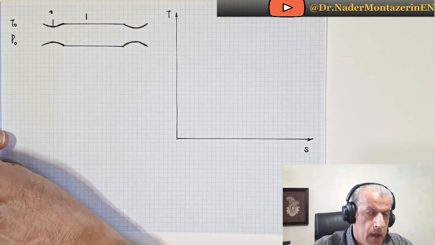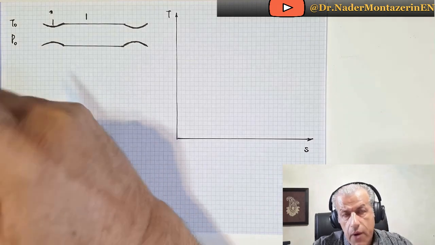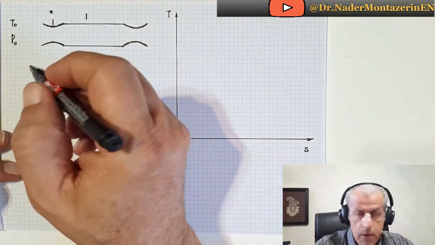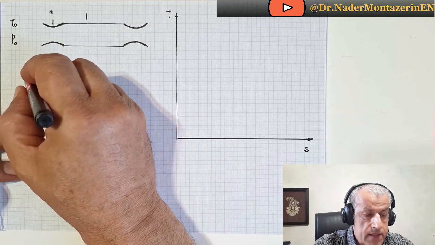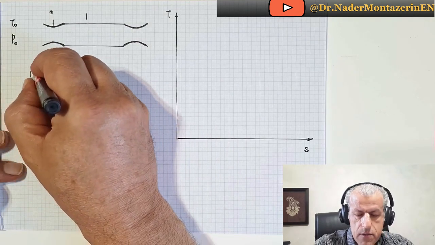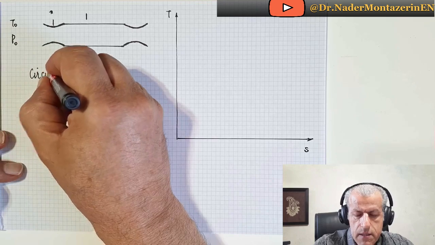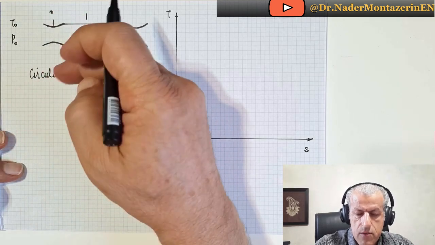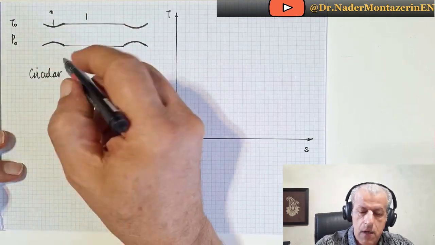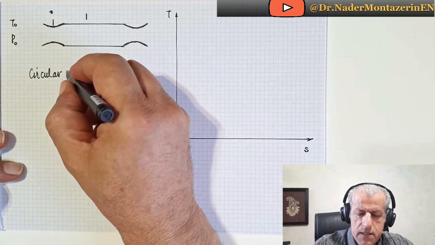So the problem we talk about now is a circular wind tunnel, which means it has a circular cross section.